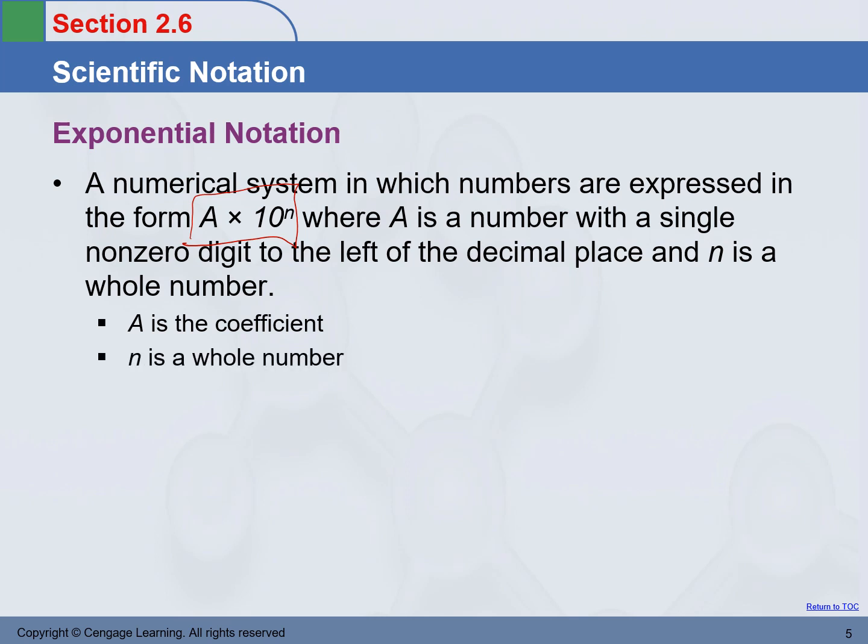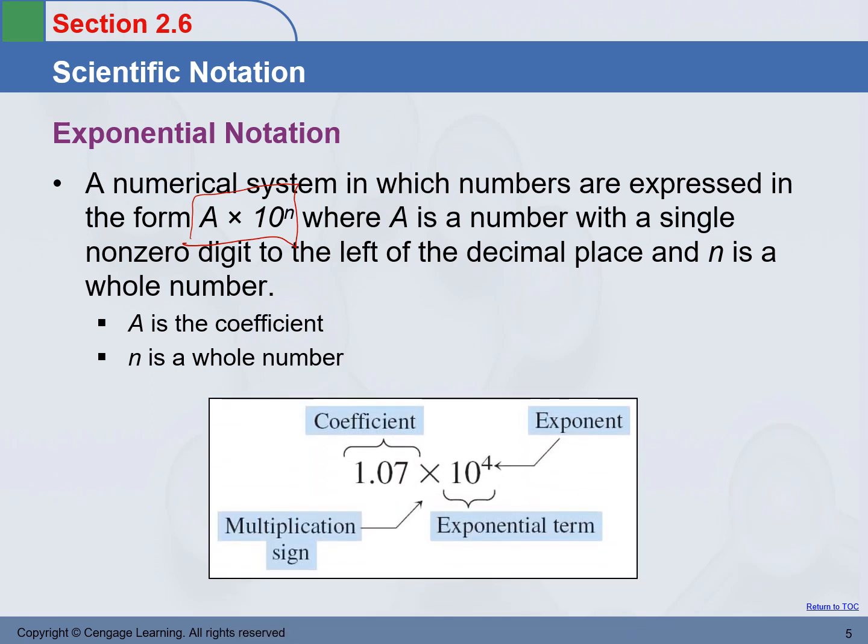N is a whole number. And these are the terms related to exponential notation or scientific notation. In a scientific notation, the coefficient decides the number of sig figs. In this case, this scientific notation has 3 significant figures.